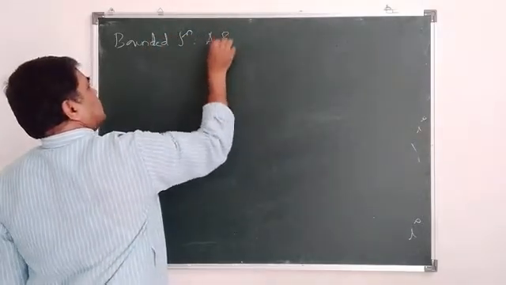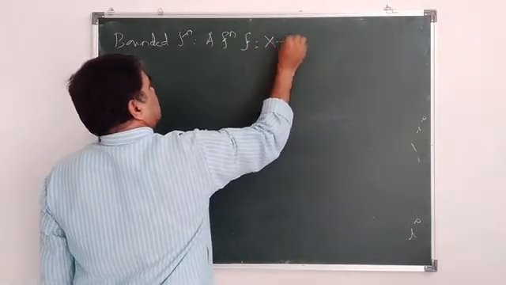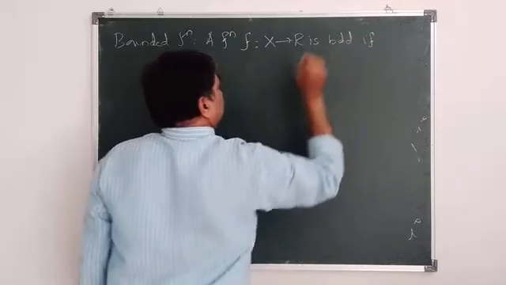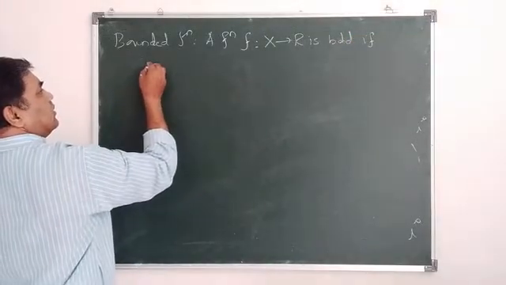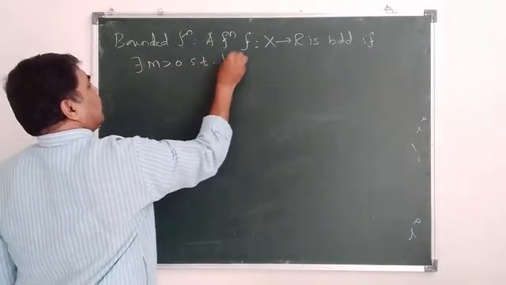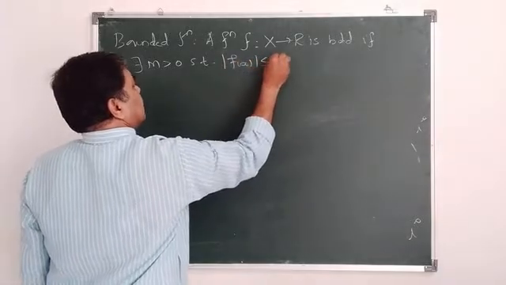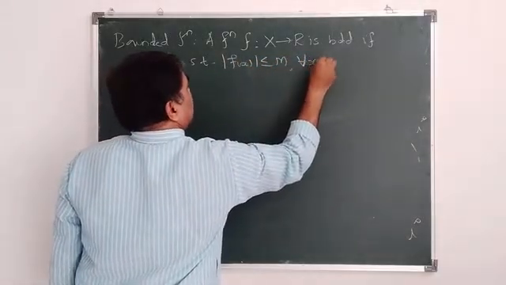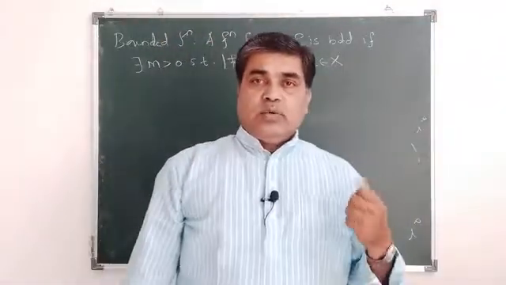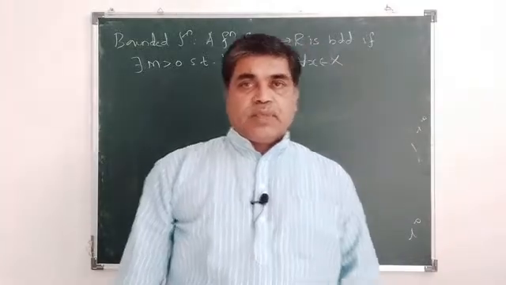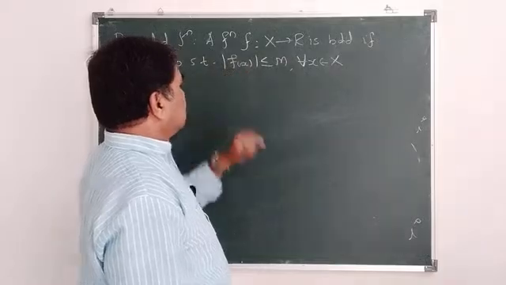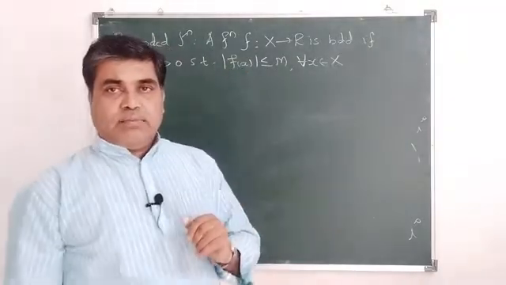A function f from X to R is bounded if there exists some M greater than 0 such that mod of f(x) is less than or equal to M for every x belonging to X. Whatever the choice of the set X may be, f assigns every element of X a real number, so its modulus exists and is a non-negative real number.